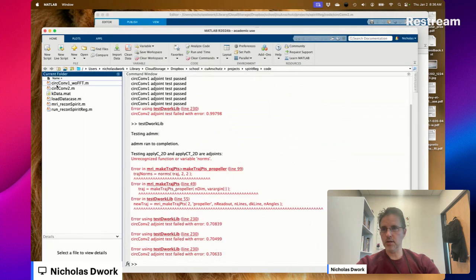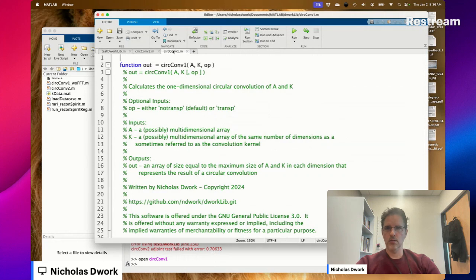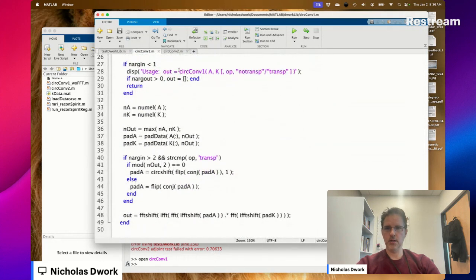Let's open circle column 1. What is the difference between these two codes?